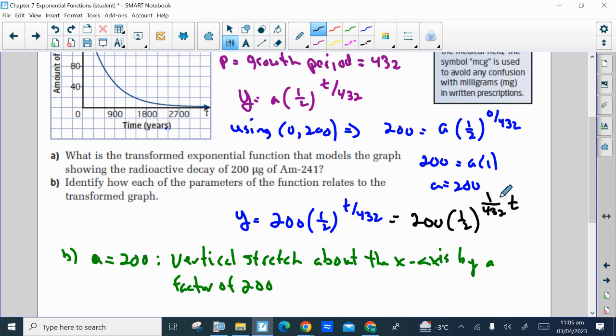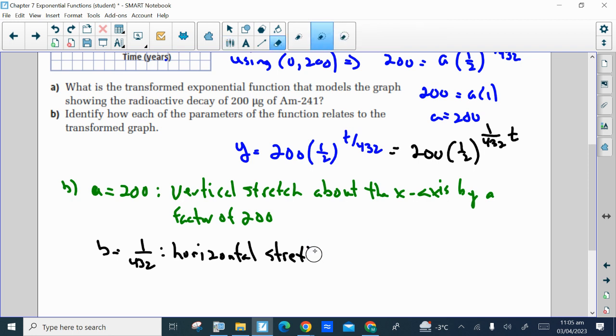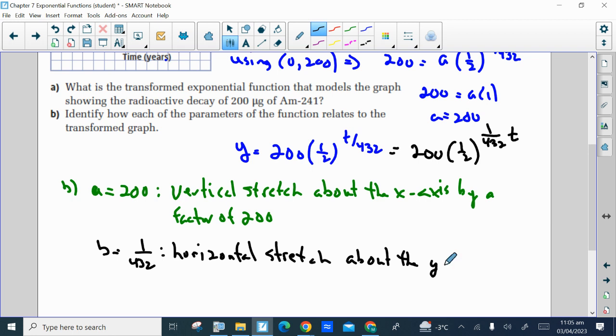But the second one that I wrote in black tells us that we have a b value of 1 over 432, which means that we have a horizontal stretch. And that stretch is always about the y-axis, by a factor of 432, the reciprocal of b.